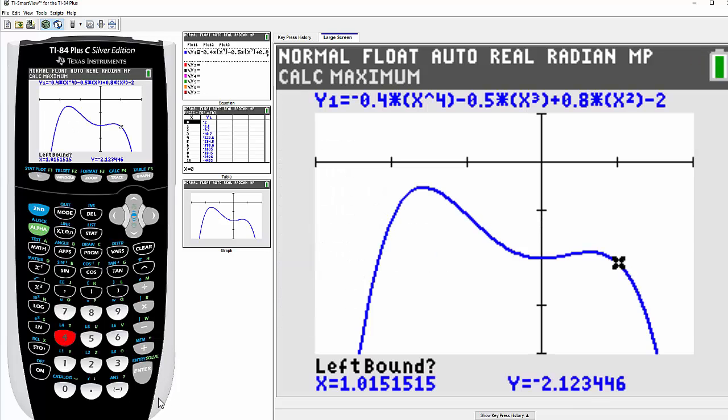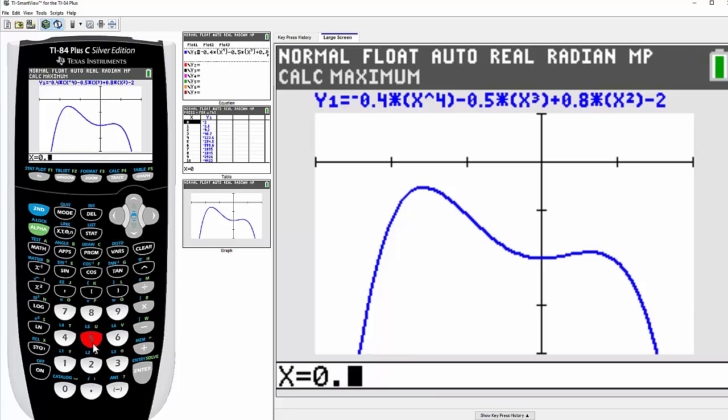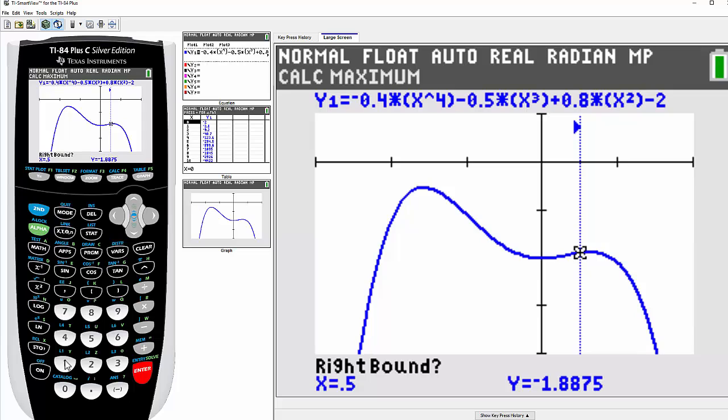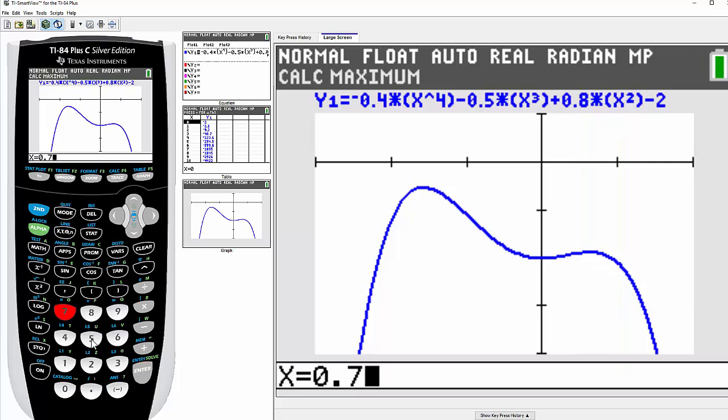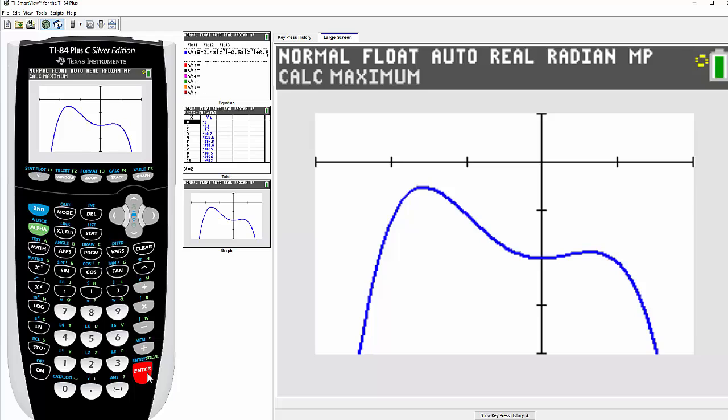So the left bound that we're searching for would be 0.5. The right bound would be 1. And I would guess it's at 0.75, something like that. And so you can see that the value that the calculator is returning is 0.635 and change. So if I was writing this down, I would write down 0.64, comma, -1.87.